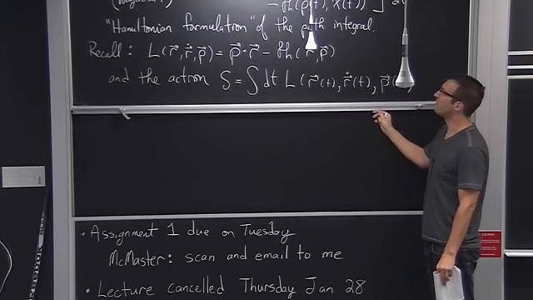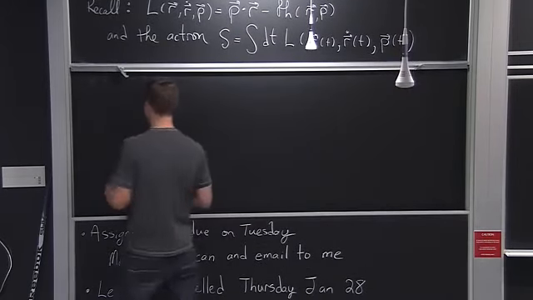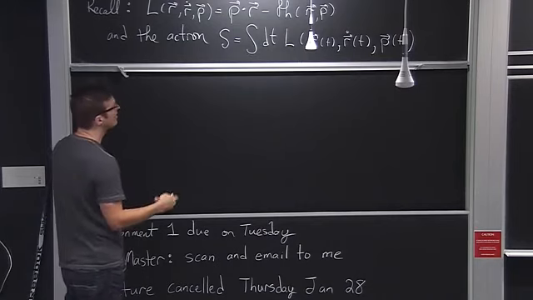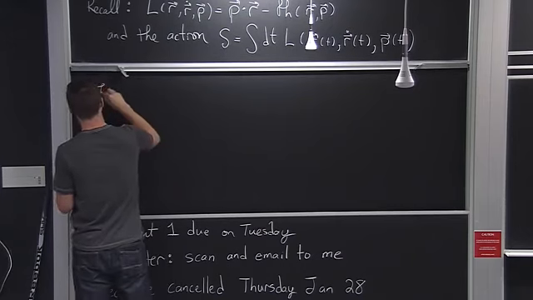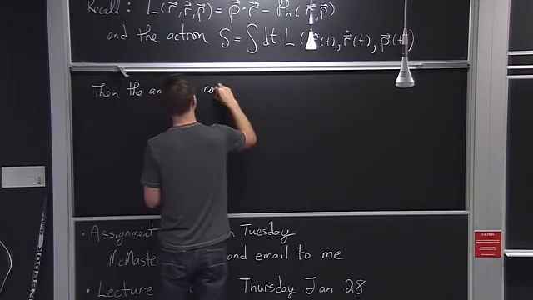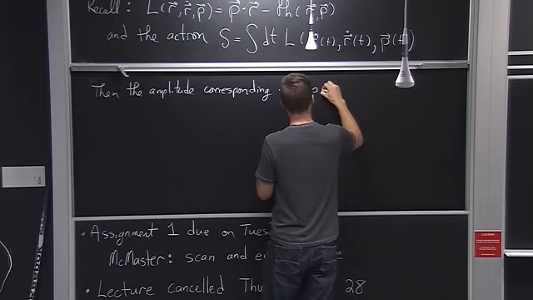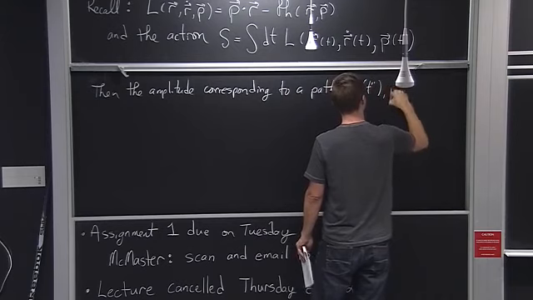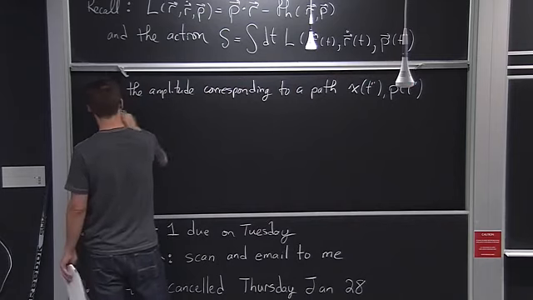So the interpretation of basically quantum mechanics, or of this path integral, is just that you have an amplitude for every path, and you have to integrate over all those possible amplitudes, whatever that path is.